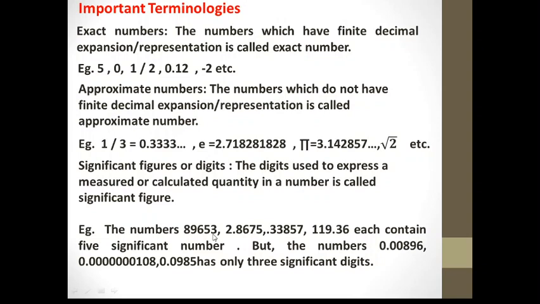But if I consider the number 0.00896 and the other numbers, all these numbers have three significant digits, and those digits are respectively 896, 108 and 985 only. Here the purpose of 0 is just to fix the decimal position. So I hope you have understood the concept of significant digits.